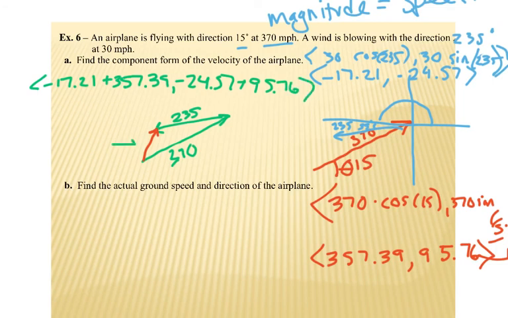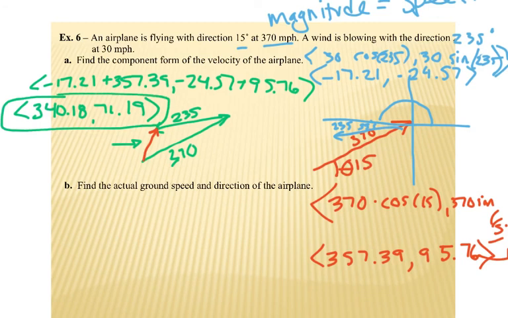And so our resultant vector component form is going to be negative 17.21 plus 357.39, or 340.18, and then negative 24.57 plus 95.76, and so we have 71.19. So this is our resultant component form based on those two vectors.